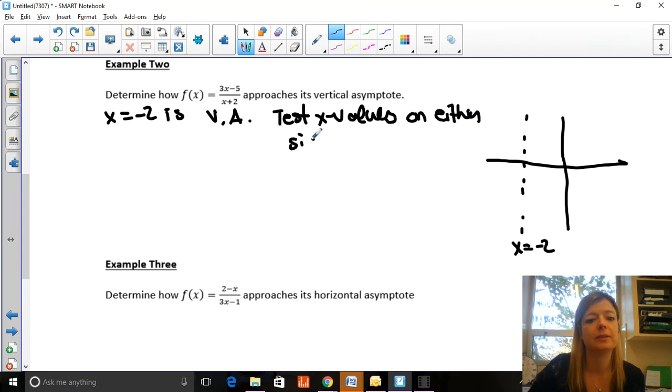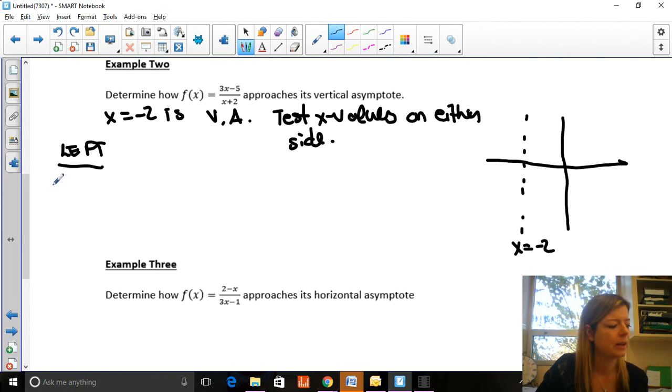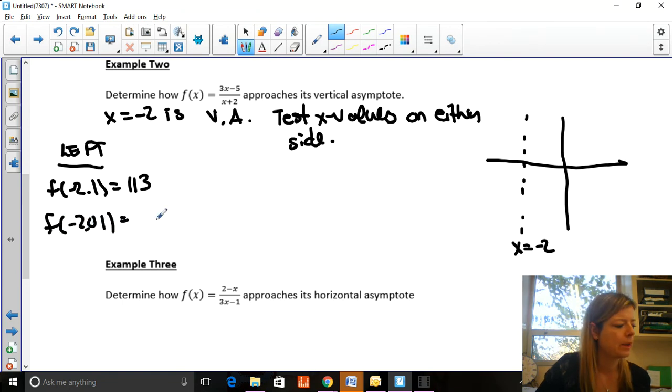and see what happens. So on the left-hand side, we'll do that first. So those are numbers just slightly smaller. So let's check like f at -2.1. If you put that in, you get 113. And let's do one slightly closer, -2.01. You get 1103.